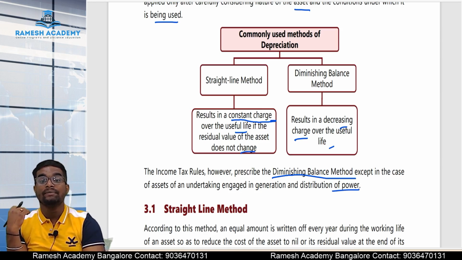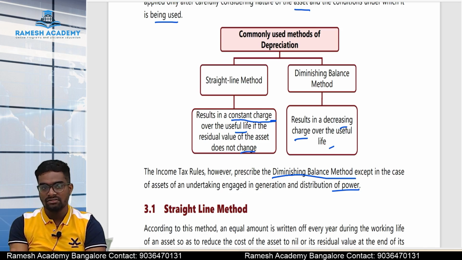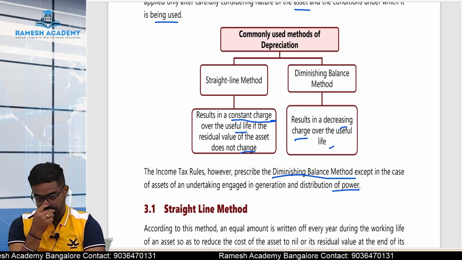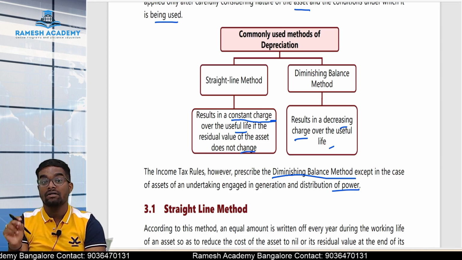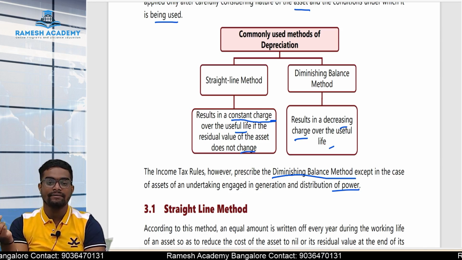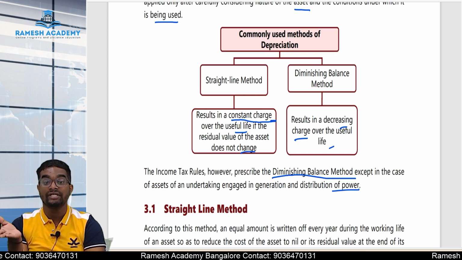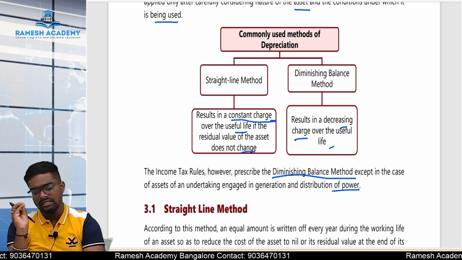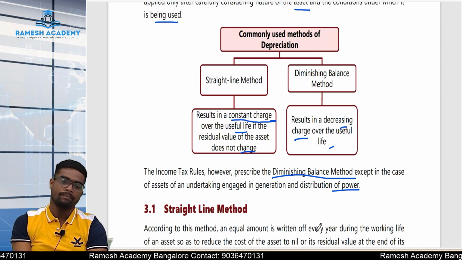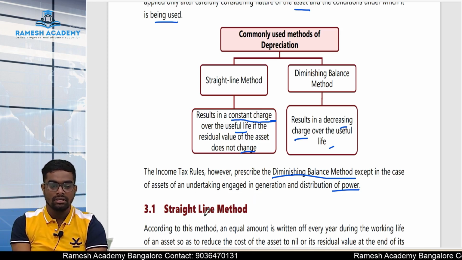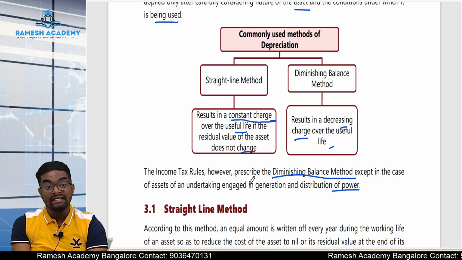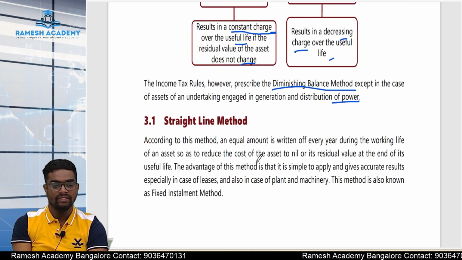So diminishing balance is entertained by income tax rules, but not for companies in the business of generation and distribution of power, which means they have to use SLM only. Other companies can use the diminishing balance method or written down value method.